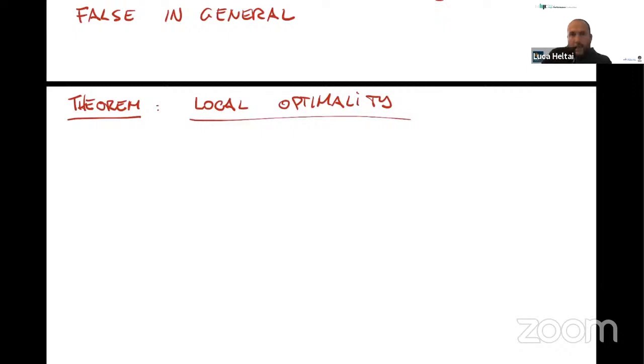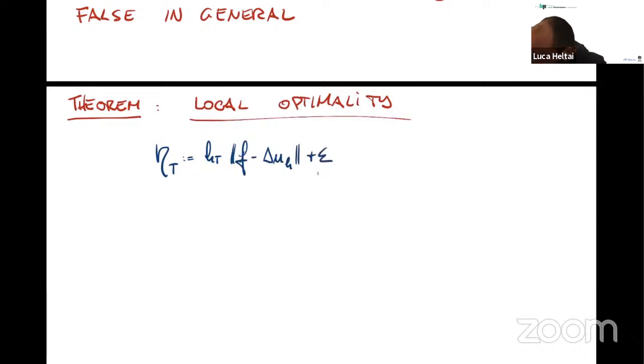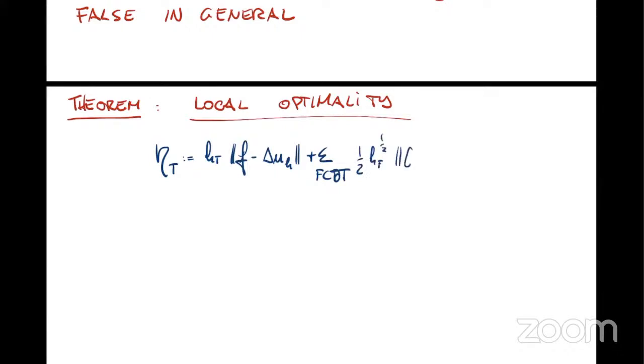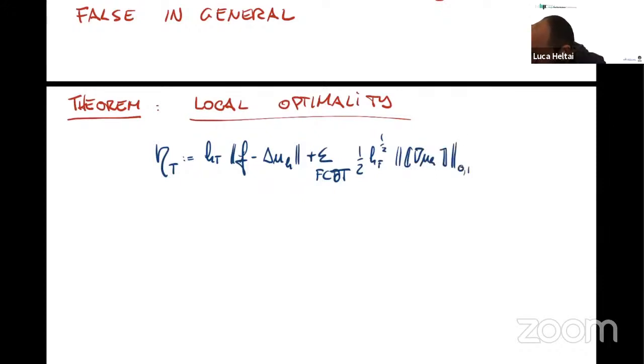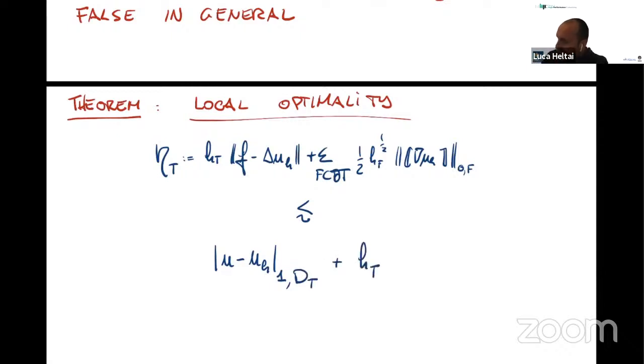Okay, so what we can prove is actually that eta_T, which is defined as h_T times the norm of f minus Laplacian of u_H, plus the sum over faces on T of 1/2 h_F to the power 1/2 times the norm of the jump of the gradient of u_H on F, is actually controlled by a norm of the error, however, not on T, but on what I would call D_T for the moment, plus a higher order term, an oscillation term on the forcing term.